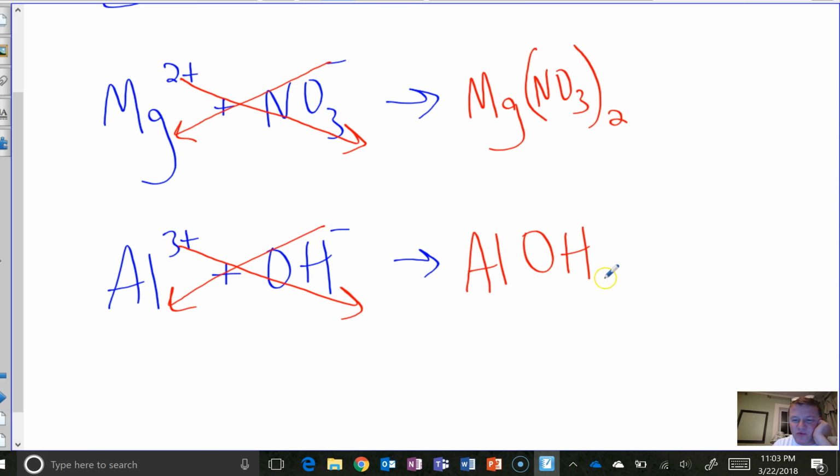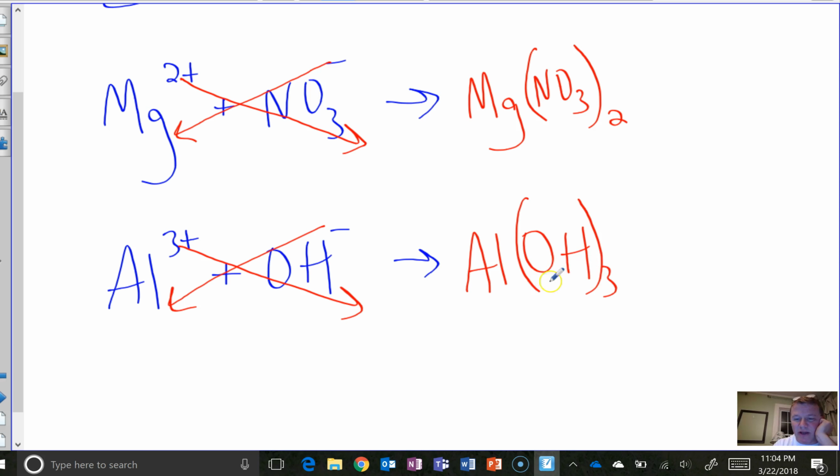Now, even though there's not a subscript down here, like there was up here, if we just put a 3 down there as it crisscrossed, it appears, as it's written, that we just have 3 hydrogens. Well, we don't need simply 3 hydrogens. We need 3 entire hydroxide groups.